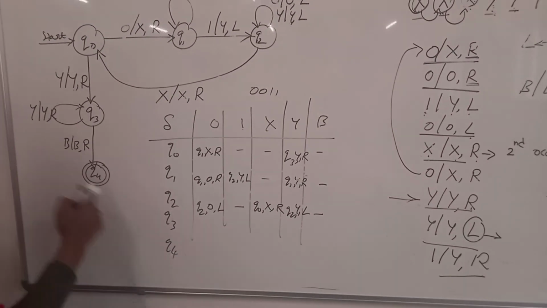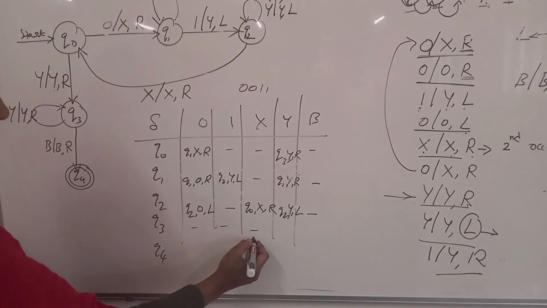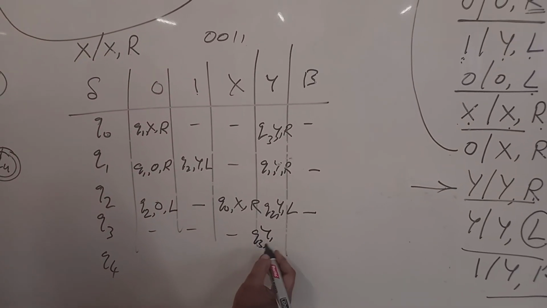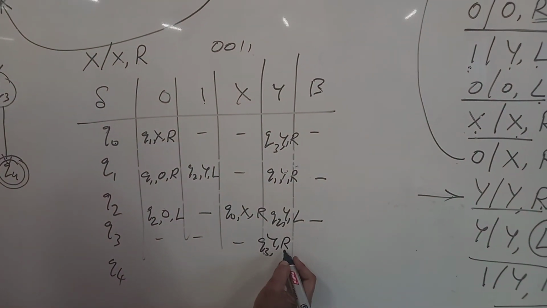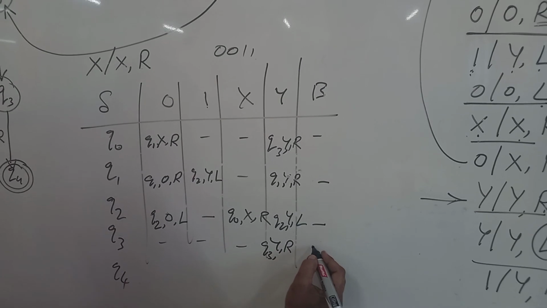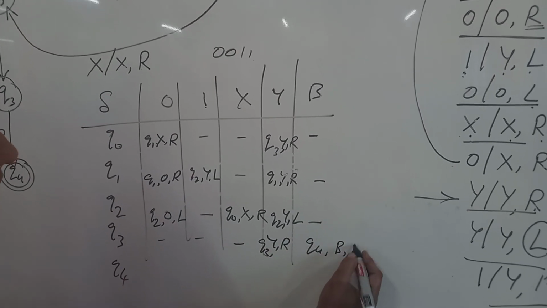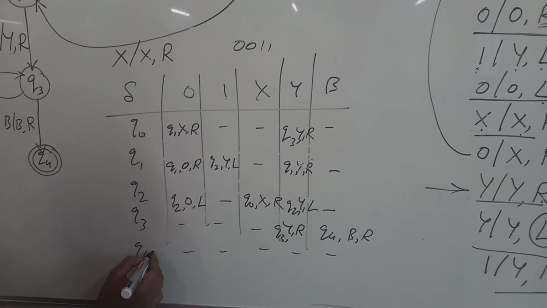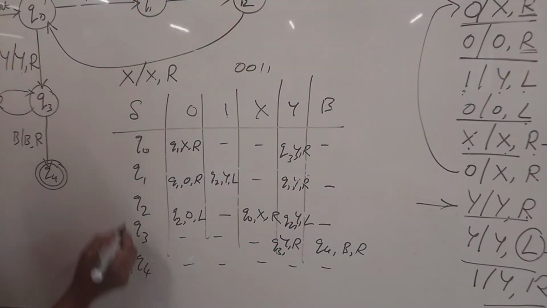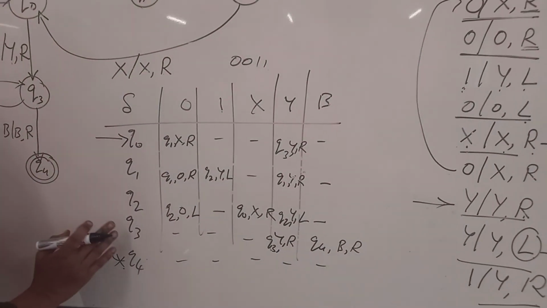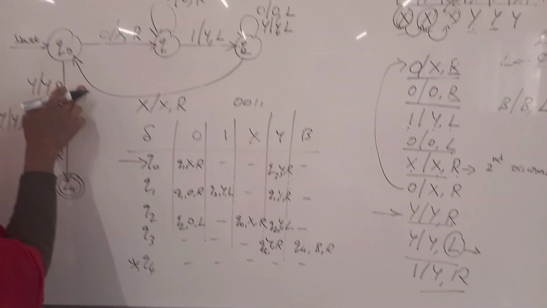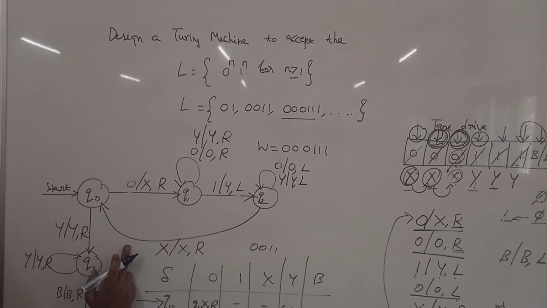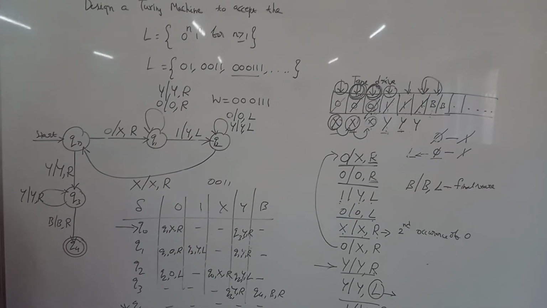For y in Q2, we retain y as it is and move to the left side. For Q0 on y, the transition goes to state Q3, keeps y, and moves to the right direction. In Q3, only y and blank have transitions, and the remaining are nil. For y, we stay in the same state Q3 and move right. For the blank space, we move to state Q4 with blank and move right. Q4 has no transition, which indicates that Q4 is a final state, marked with a star, and Q0 is the initial state. So this is the transition table for the corresponding transition diagram, and this is the Turing machine in the form of a transition diagram for the language 0 to the power n, 1 to the power n.